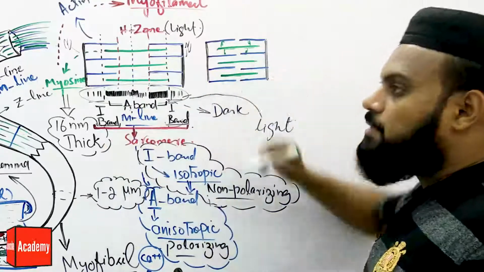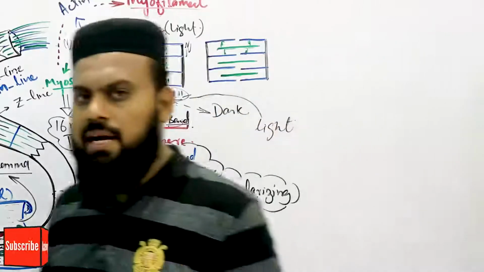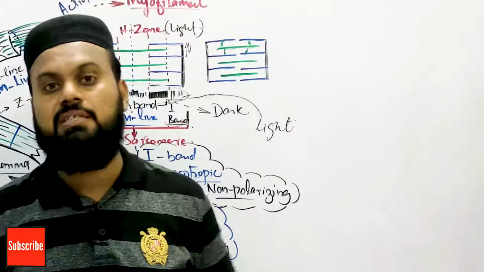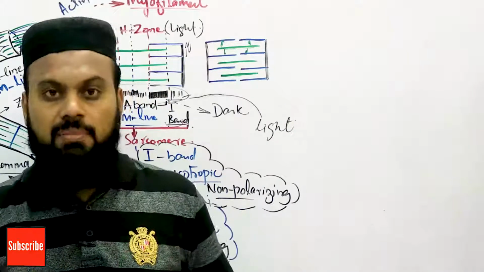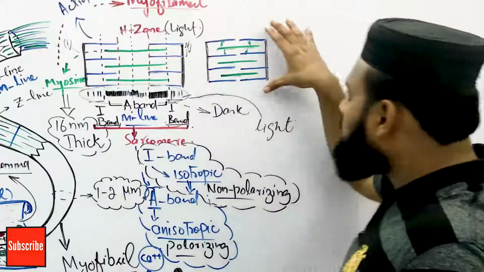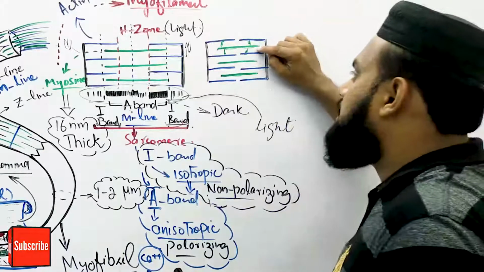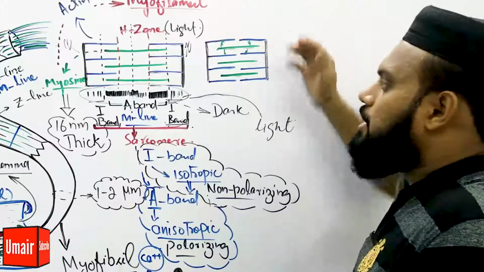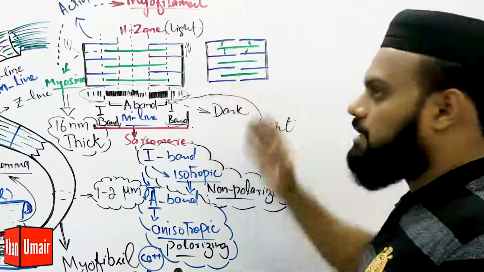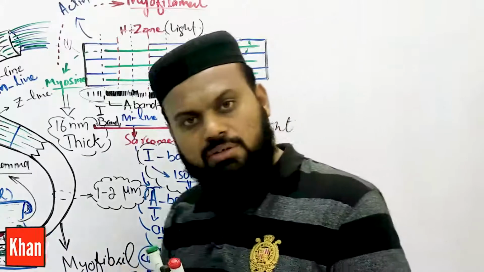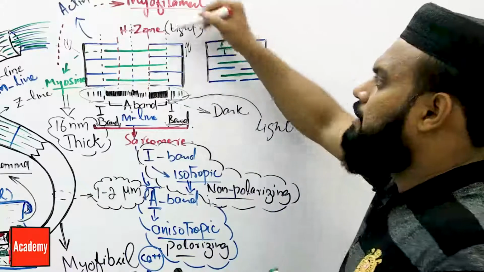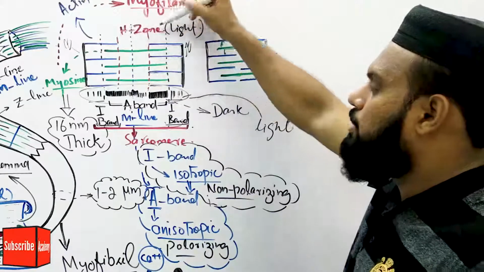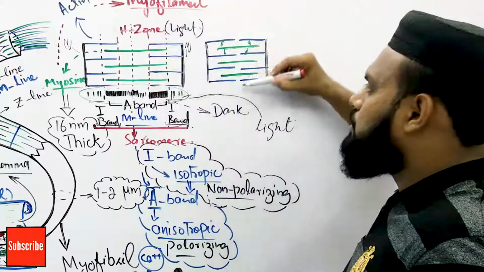But as we have already mentioned, the I band is that area where only actin filaments are there. But in this model you can see the actin is not alone. It means that the I band is going to shrink or disappear, but not fully. In the same way, the H zone is also not there.